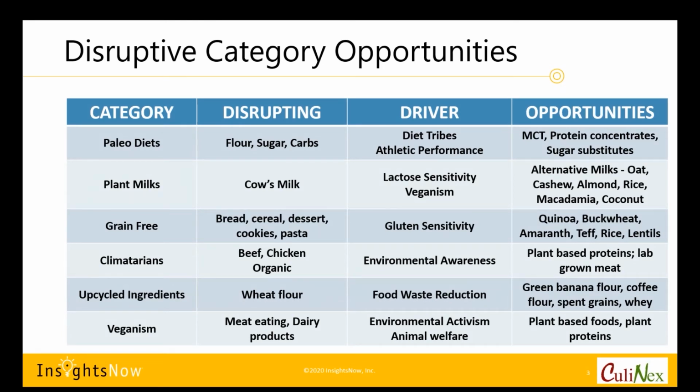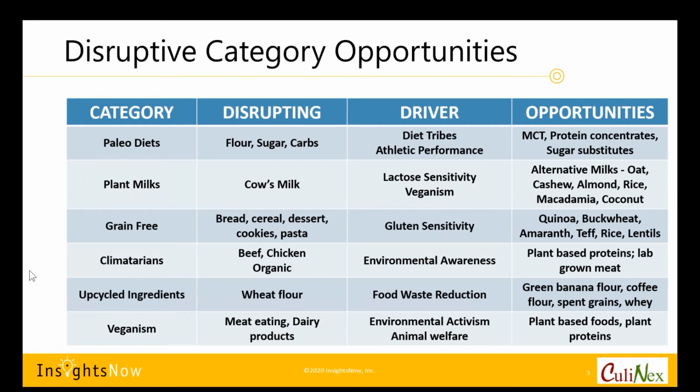Those drivers are, for instance, in the paleo diet space, what we call diet tribes. These are people who have a like-minded goal for fitness or for weight loss or for energy, and they are forming up groups often on social media and sharing tips and preferred products and diet plans and so forth.